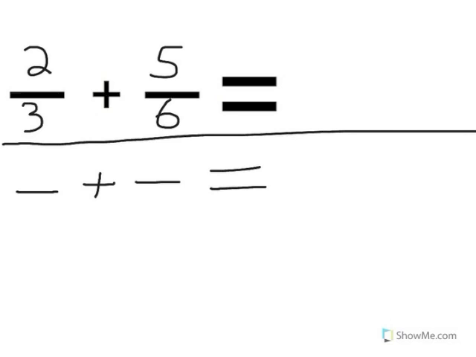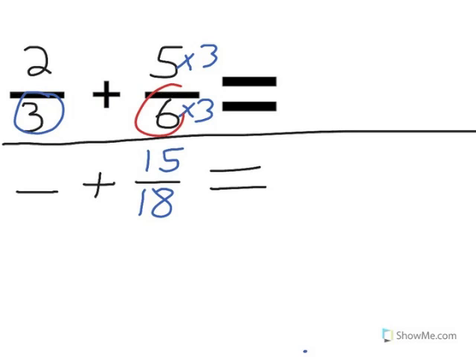Again, we take the denominator of the first fraction, which is 3, and multiply it by the numerator and denominator of the second fraction. So 5 times 3 and 6 times 3. 5 times 3 is 15, so that's going to be our new numerator. 6 times 3 is 18, our new denominator. Now we take the denominator of the second fraction and multiply it by the numerator and denominator of the first.